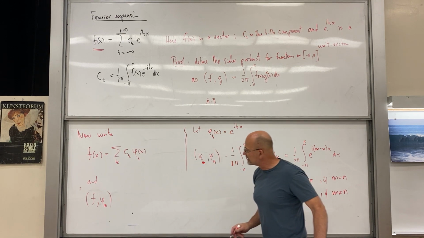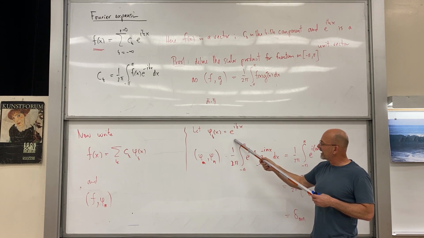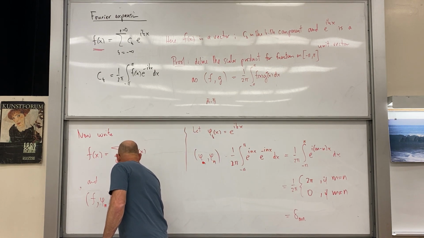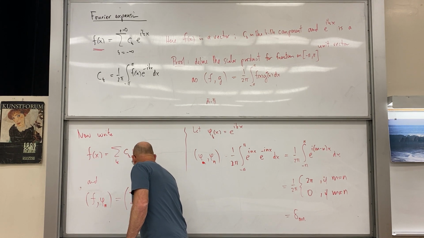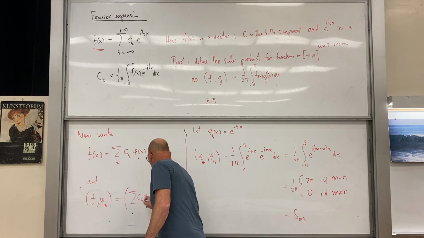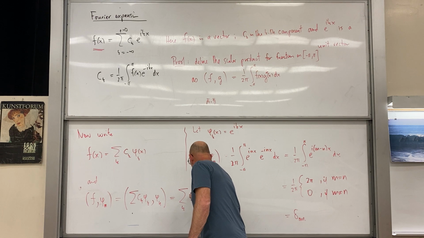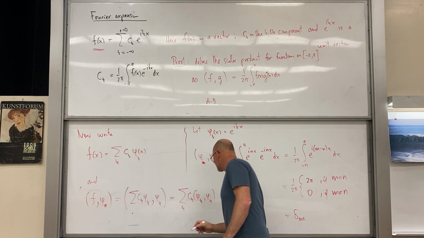So the scalar product of the function f with the nth phi sub n, we're just going to use the abstract property here, is equal to the scalar product of the sum of c sub k phi sub k with phi sub n is equal to the sum of k c sub k comma phi sub k phi sub n.